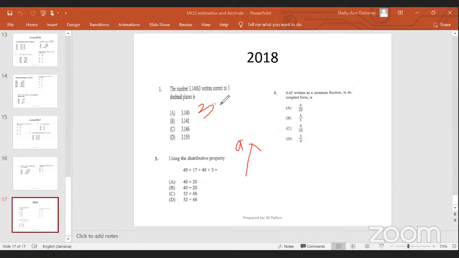If you were to put it to 3 decimal places, wouldn't you pay attention to the value of the 6?